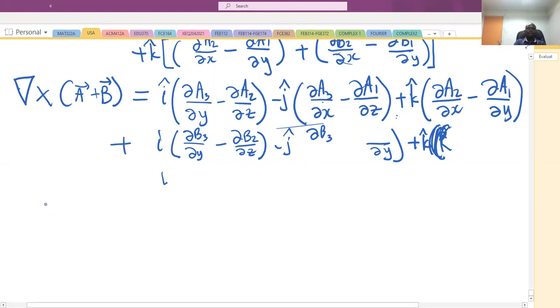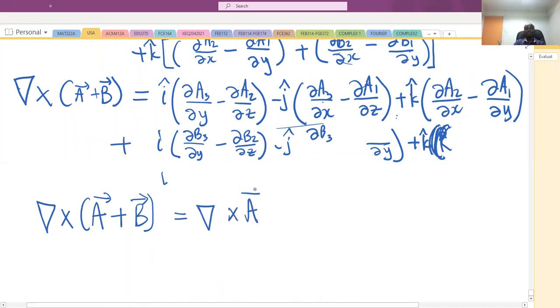So curl of A plus B is the same as this first one is curl of A, and then plus this second one is curl of B. So that is how we determine that result.